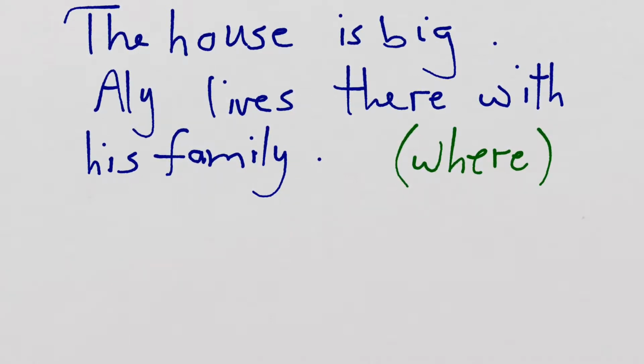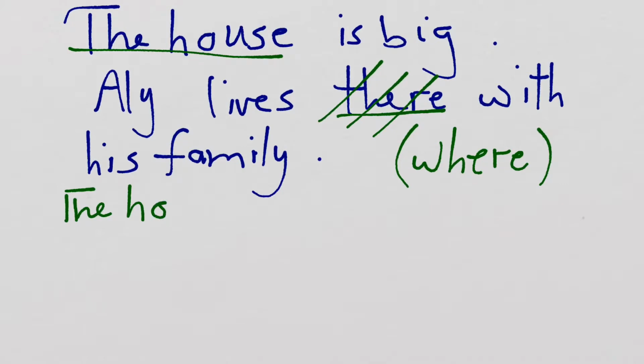We have the house, and we are going to look at the second sentence. We find there, and by there we mean the house. Now, as we did in the previous examples, we are going to write the house first, omit there, the house, write the relative pronoun where.